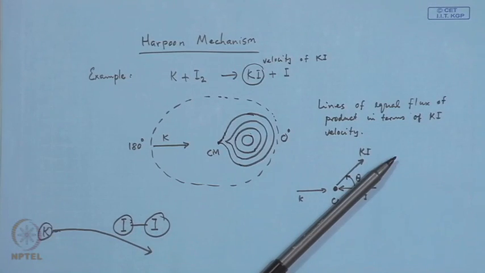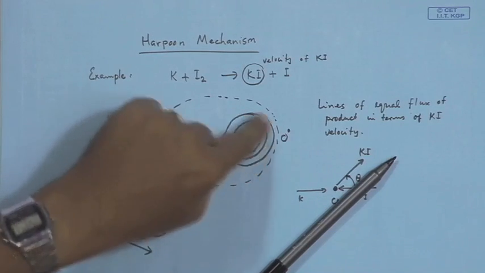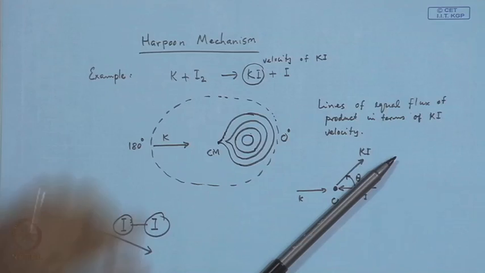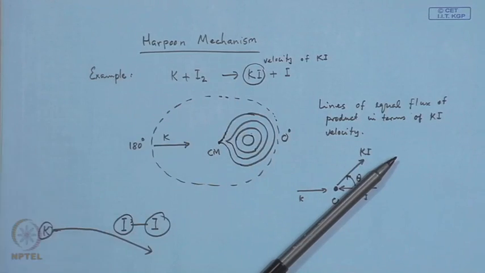Okay. So, this is pretty much what is meant by your harpoon mechanism. It is a harpooning process. Okay. And since it is forward scattered, that is why you get this contour in the forward direction, not in the backward side.